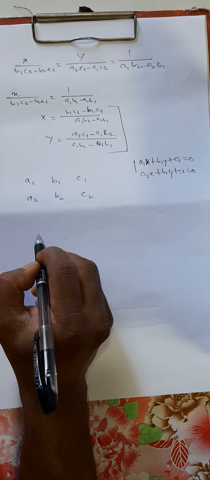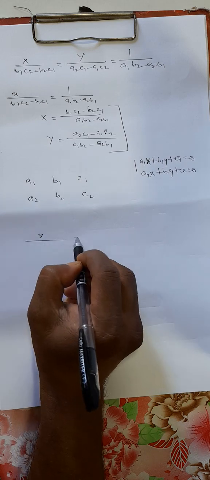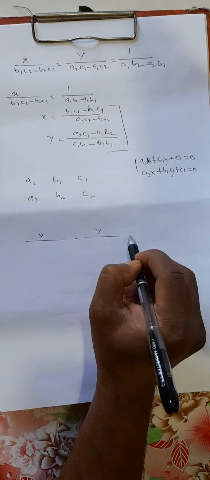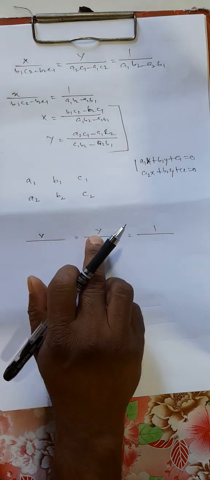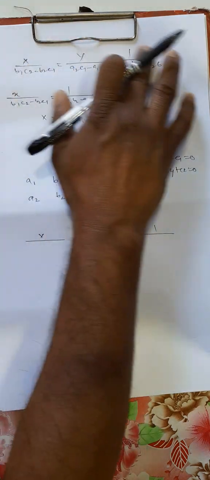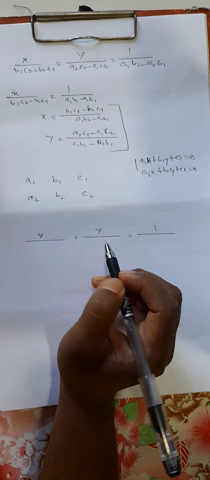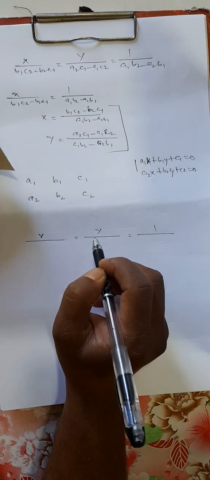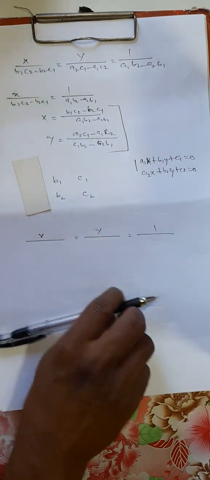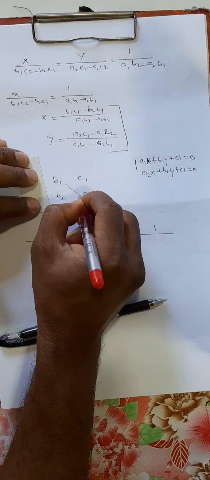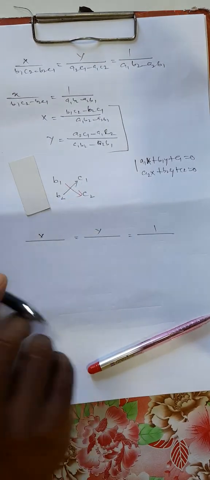Now we will try to find the denominators of x, y and 1, meaning this. Okay, so for finding the denominator of x, what will you do? You hide this part, then you cross multiply this b1 c2 and b2 c1.